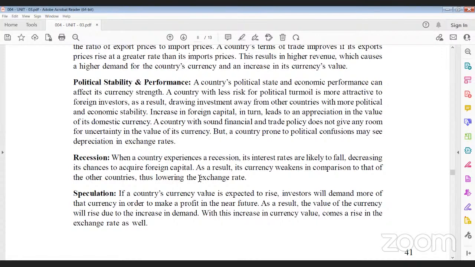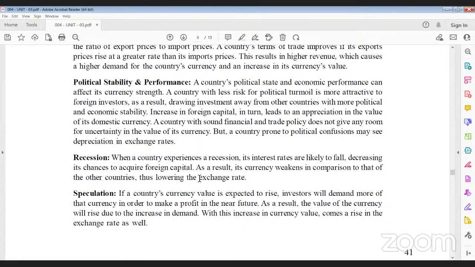Supposing a country is successfully able to increase its foreign capital, it leads to an appreciation in the value of domestic currency. A country with sound financial and trade policy does not give any excuse for uncertainty in the value of its currency, but a country prone to political confusion definitely would have to experience the lows, that's depreciation in exchange rates.